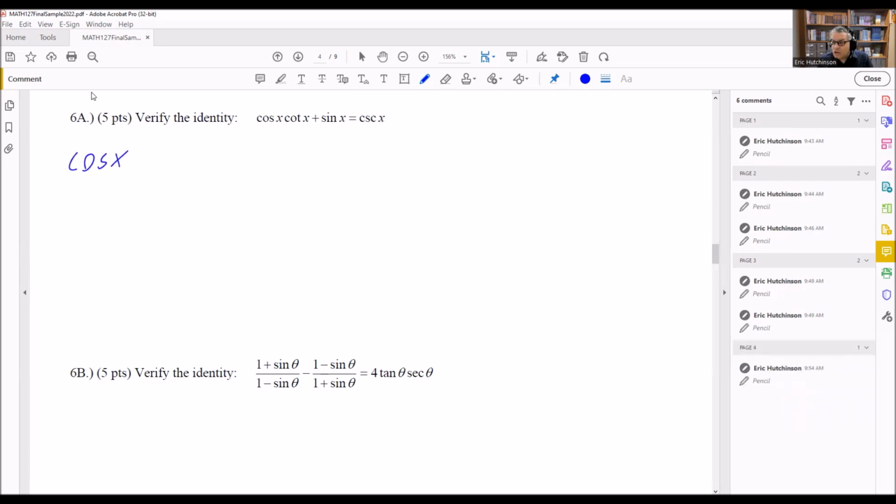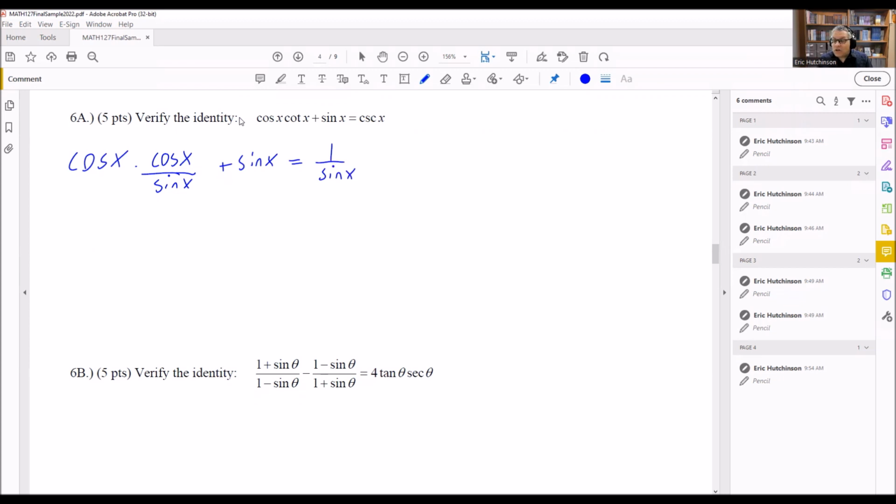So I have cosine, and I'm going to multiply this by cosine, or cotangent we can write as cosine over sine. So again, we just want to change everything all into sines and cosines. So we have plus sine, and then on this side, cosecant is the same thing as 1 over sine.